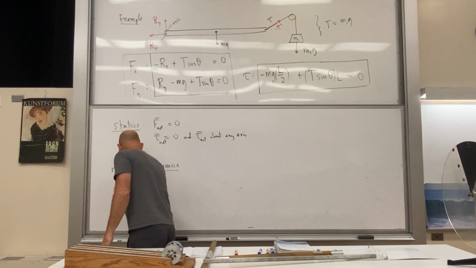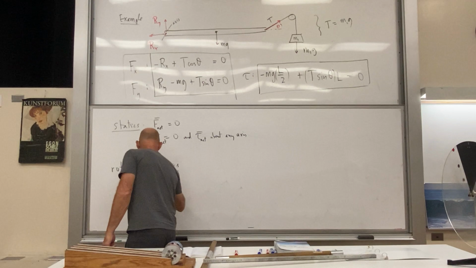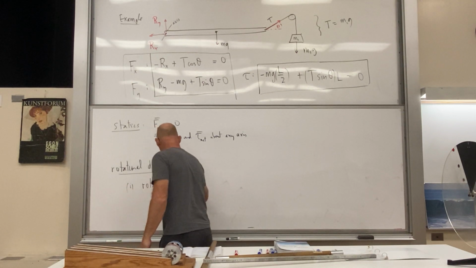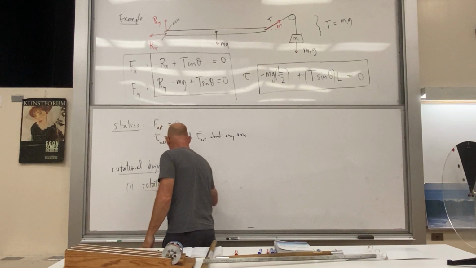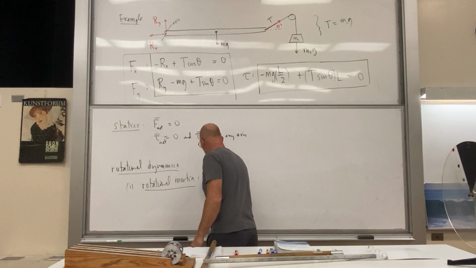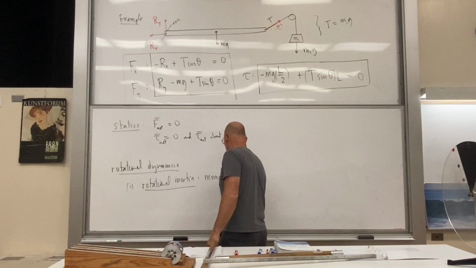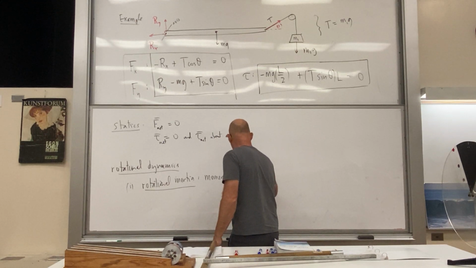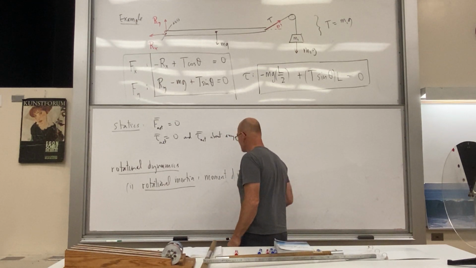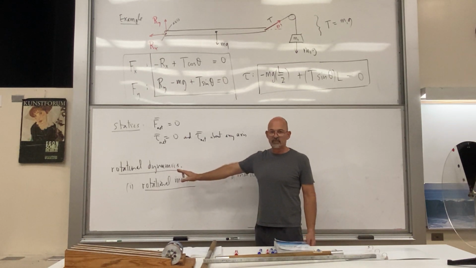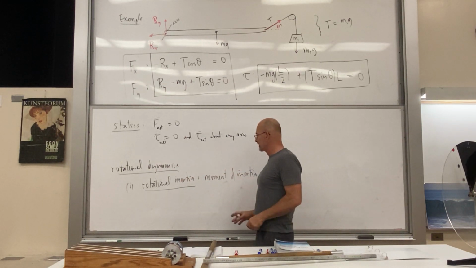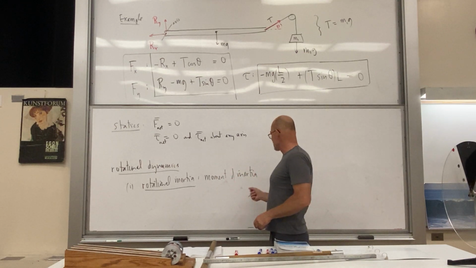So the first thing we have is rotational inertia, and that's also called moment of inertia. Actually, it's primarily called moment of inertia, but rotational inertia is the right way to think about it, because it's resistance to the rotational state.